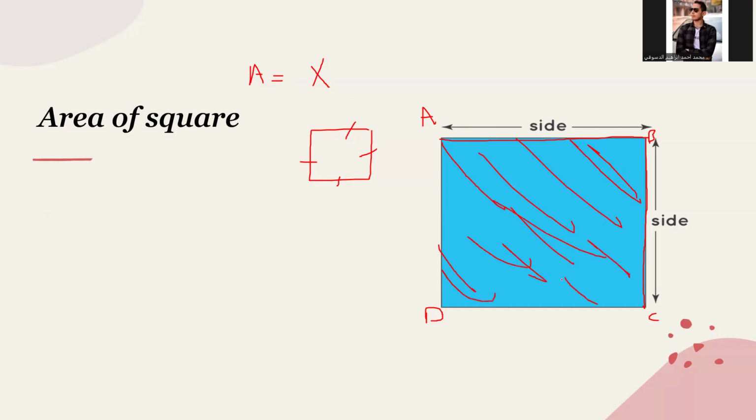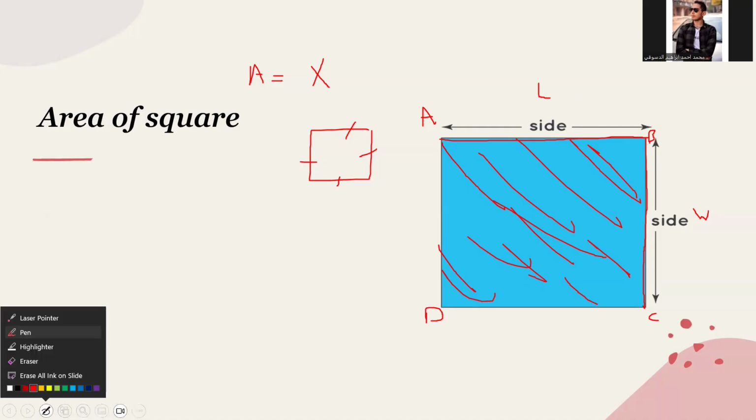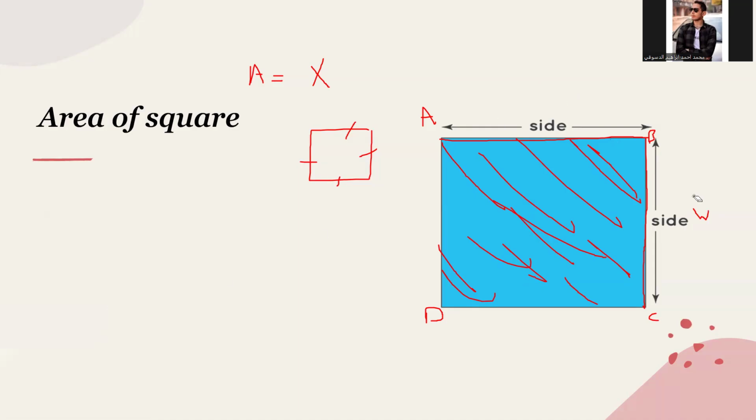But you can see that in the square, all of the sides are equal. So we are not using the length and the width. We just say that we are using the side. So we're not using L and W, we say that's S and that's also S. So if I want to get the area of the square, the area means this side times this side.